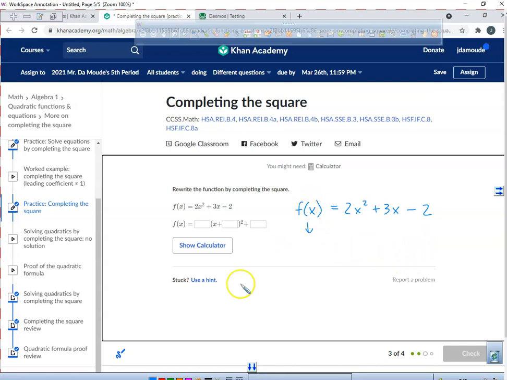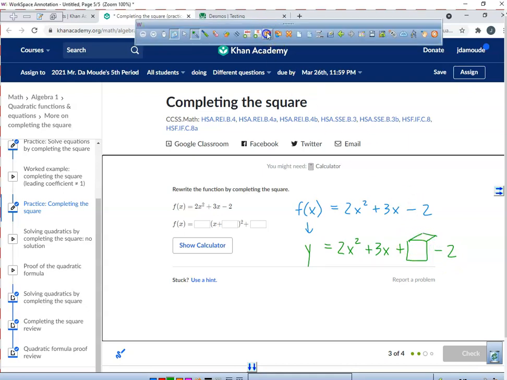So see where the f of x is? What am I going to change it to? Yeah, just put y. I'm going to put 2x squared plus 3x plus empty box minus a 2. I realize that's a two-dimensional shape, and I realize it's not an empty actual box, so please don't hate, okay? All right, now, my student said they wanted me to leave it, so all right, here we go.